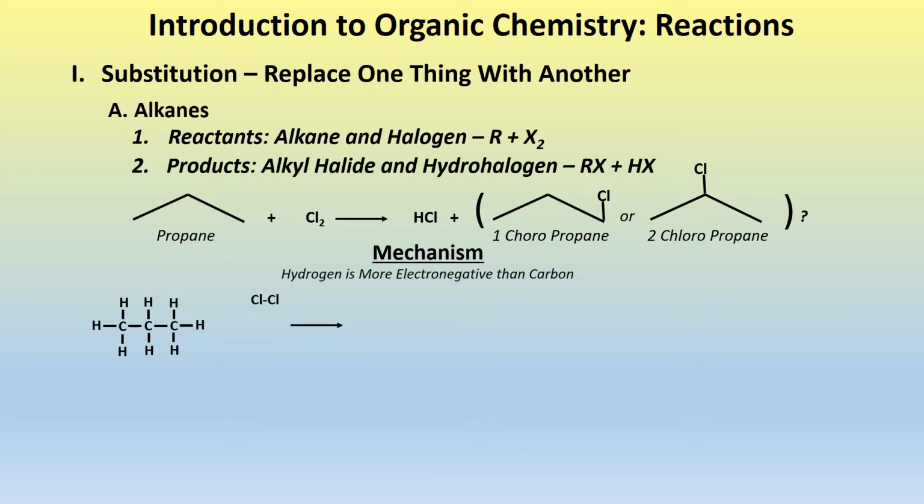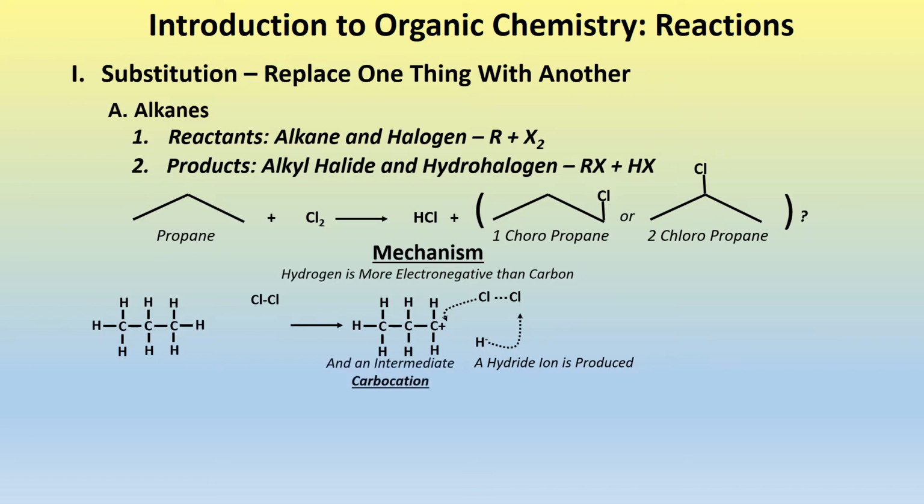Therefore, the hydrogen will leave as a hydride ion to attack the chloride, and one of the chlorines will come in as a Cl- to attack a carbon with a positive charge. This is what is called an intermediate carbocation.